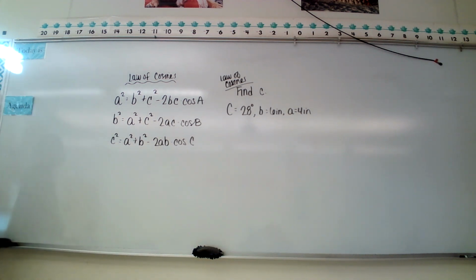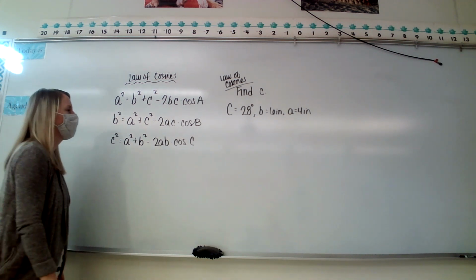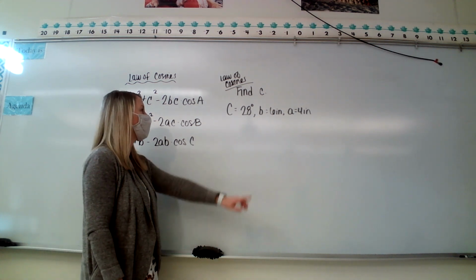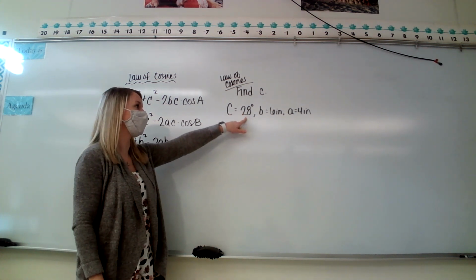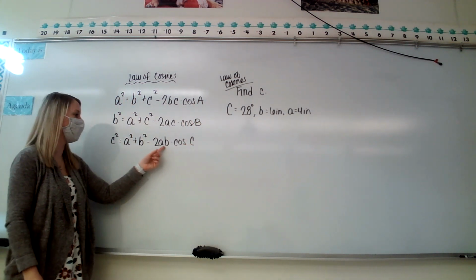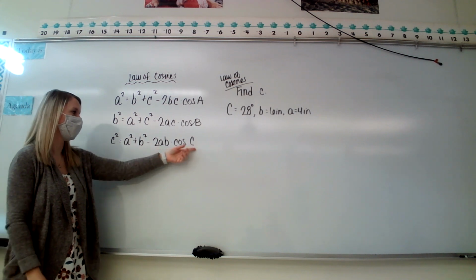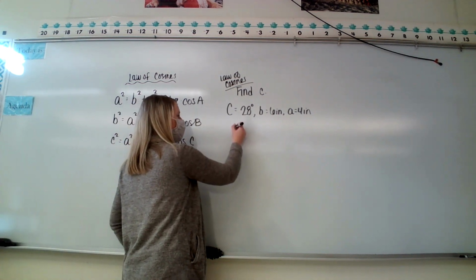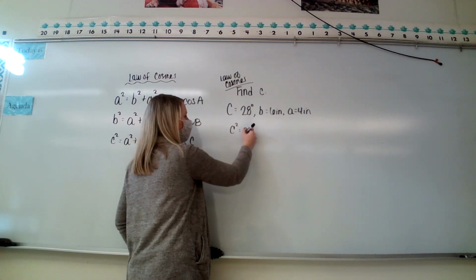So once again, it's all just about thinking. I always look, what angle do I have? That's usually the biggest hint you can take. I have angle C, and the only version that has angle C is this third version. So this is the one I'm going to have to use. It's all about picking them depending on what you got. So I'm going to pick that third version.